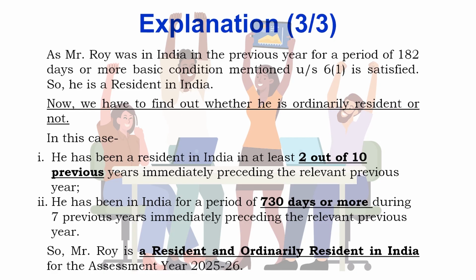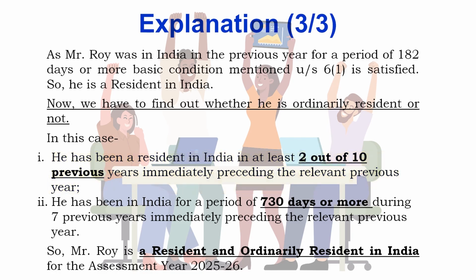Now, we have to find out whether he is ordinarily resident or not. In this case, he has been a resident in India in at least 2 out of 10 previous years immediately preceding the relevant previous year.